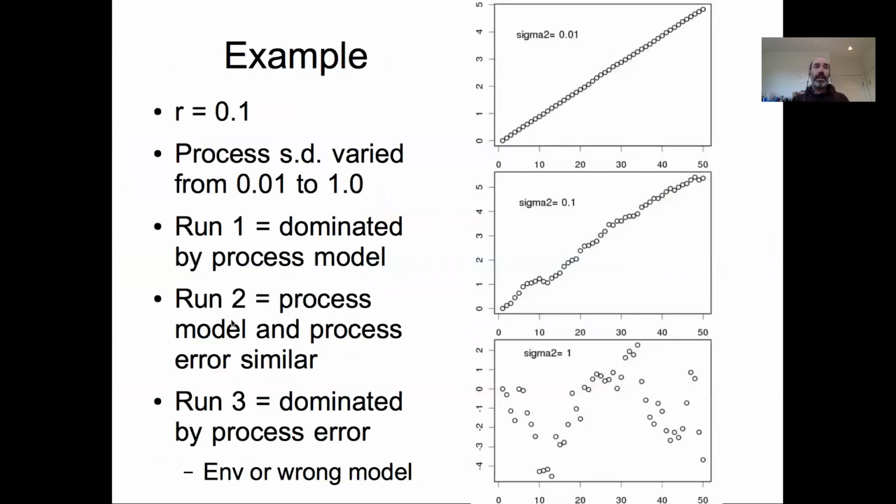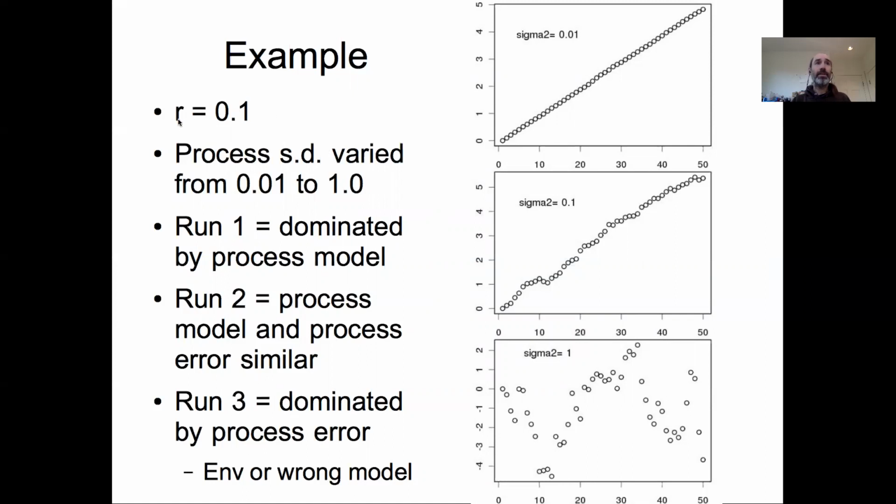So here is what some simulated time series from this model might actually look like. This isn't fitting models to data, this is just simulating data to give you an idea of what happens as we vary the relative balance between process error and observation error.